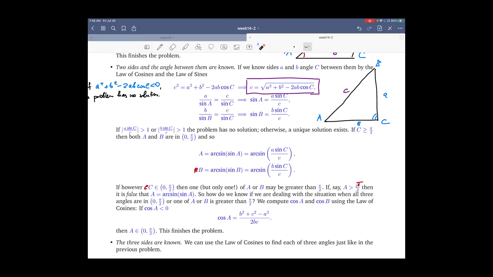You may want to find cosine A from this, again, using the law of cosines.